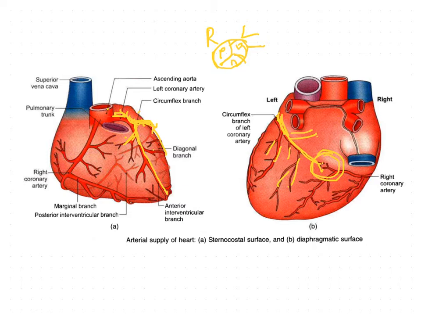Here the greater part of the left ventricle, except the area adjoining the posterior interventricular groove, and a small part of the right ventricle adjacent to the anterior interventricular groove, are also supplied.